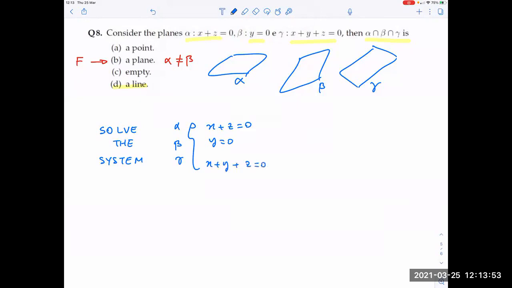Well, I write it in matrix form, but probably here most of you already saw something interesting. So matrix form, 1, 0, 1, 0, 1, 0, 1, 1, 1. Just by looking at this matrix A, since the system is homogeneous, it is enough to look at this one.